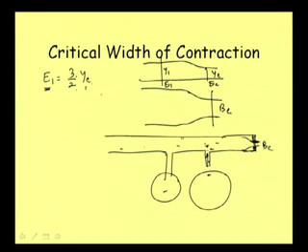Now, what is Yc? That Yc we already know is nothing but (Q by Bc, that is the unit width discharge, squared) divided by g, that is (q squared by g) whole to the power 1/3.